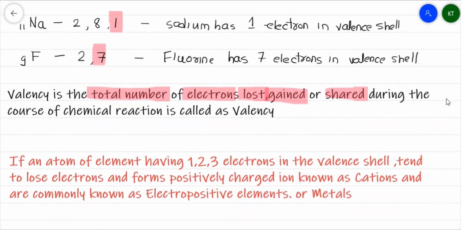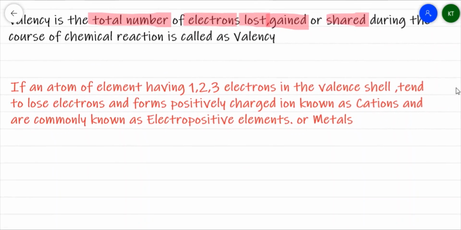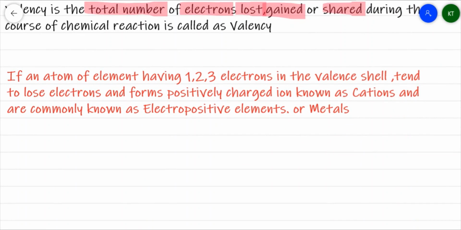Now, what will happen if an atom of an element has 1, 2 or 3 electrons in the outermost shell? So here I am having 1, 2 or 3 electrons in the valence shell. Then what will I tend to do? I tend to lose electrons.